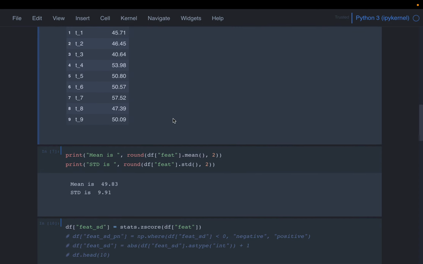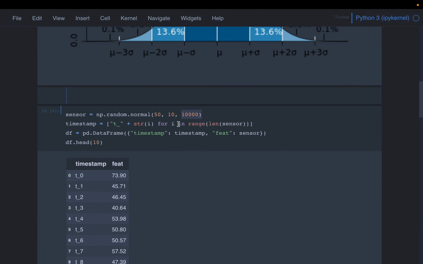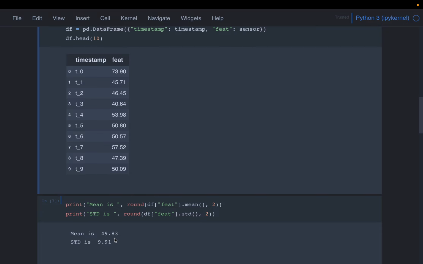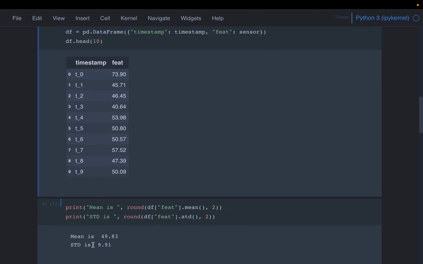Now we are computing the mean and standard deviation. The mean, 49.83, is close to 50. As we increase the number of data points, the actual mean will be very close to the expected mean, and similarly the standard deviation.